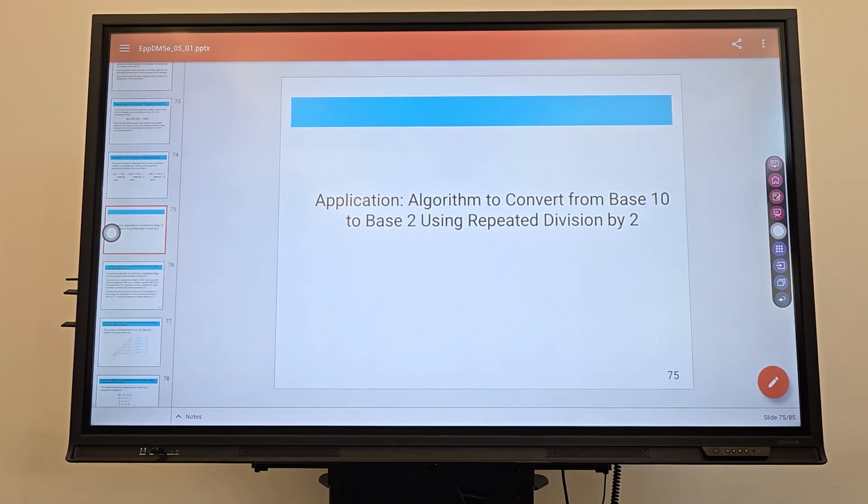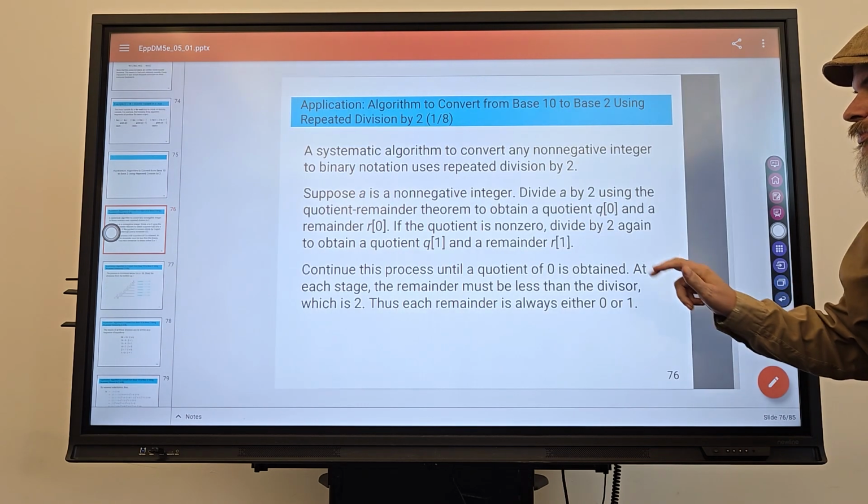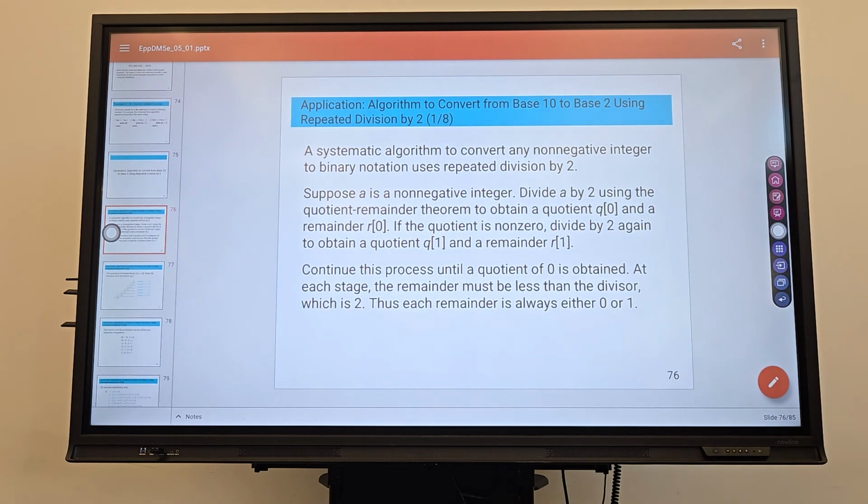Application. Algorithm to convert from base 10 to base 2 using repeated division by 2. A systematic algorithm to convert any non-negative integer to binary notation uses repeated division by 2. Suppose a is a non-negative integer. Divide a by 2 using the quotient remainder theorem to obtain a quotient and a remainder.